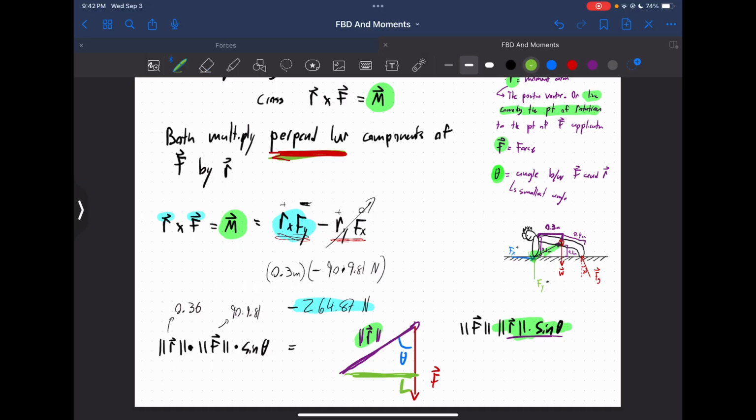So the perpendicular distance just has to be to the line of action of the force. So it just has to be perpendicular to this same line, right?